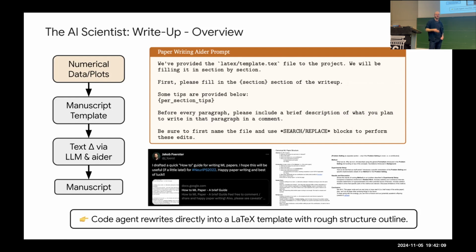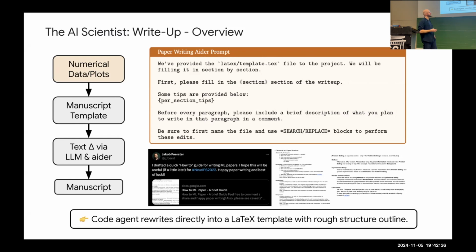And then this is everything that we provide, except for a set of tips on how to write a machine learning paper. One of the advisors on this project, Jakob Foerster, once wrote a viral tweet where he gave recommendations for early PhD students on how to set up a paper, right? These are things like, in your introduction, you should state a problem, you should come up with a hypothesis, and you should summarize your results. These types of general tips for how to write papers are included in this template.